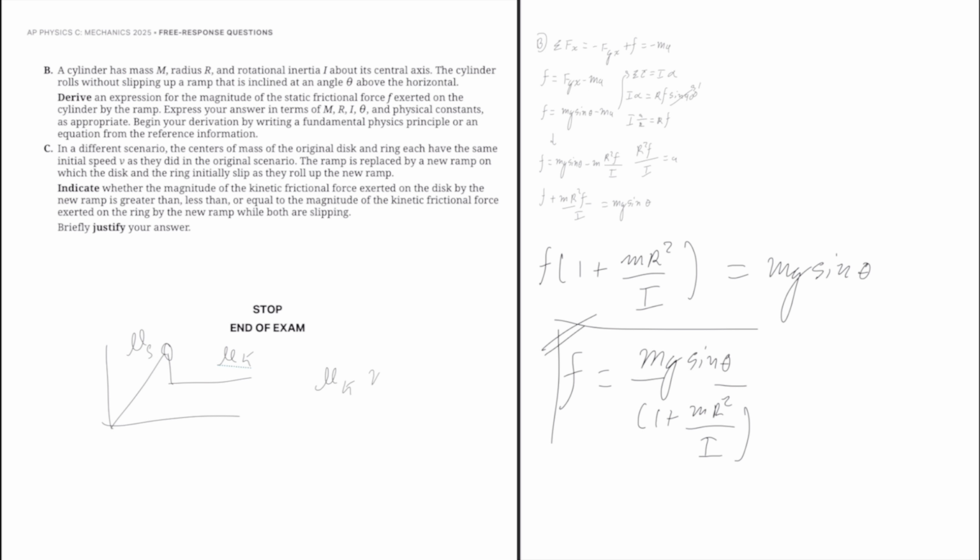Mu k times mg equals the force of kinetic friction. The static friction adjusts according to the force that's applied to it, while mu k doesn't care about the force being applied, it just cares that it's moving. Does that make sense? So therefore, the two forces are equal.